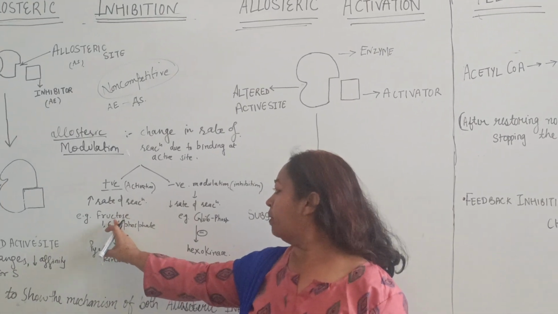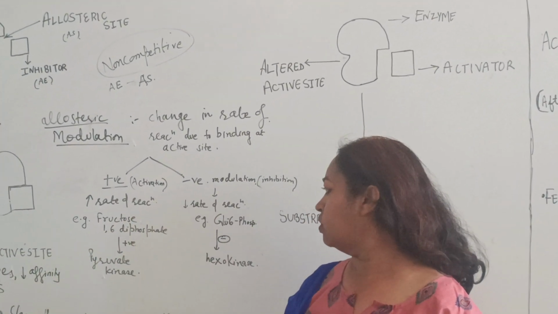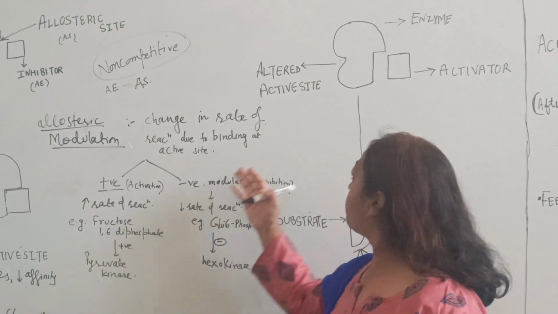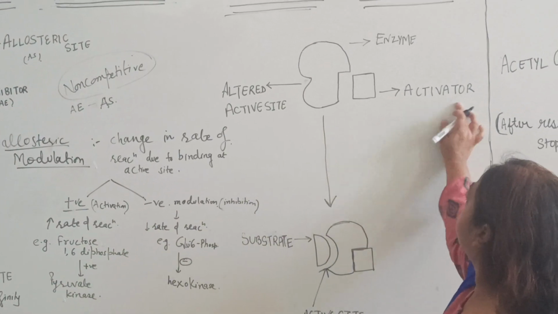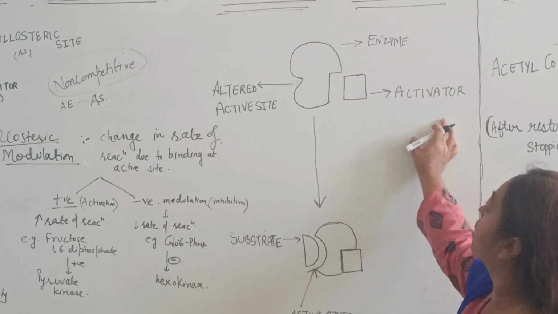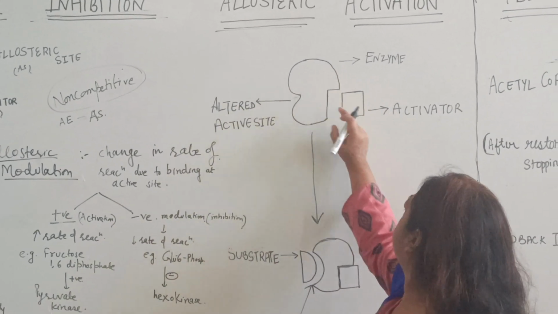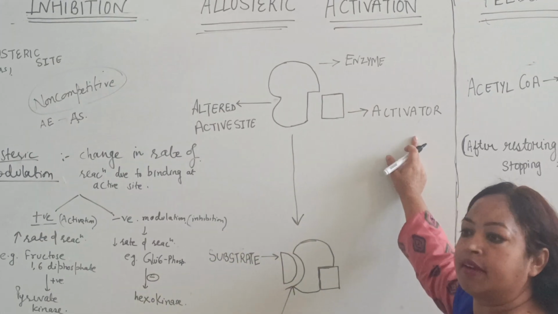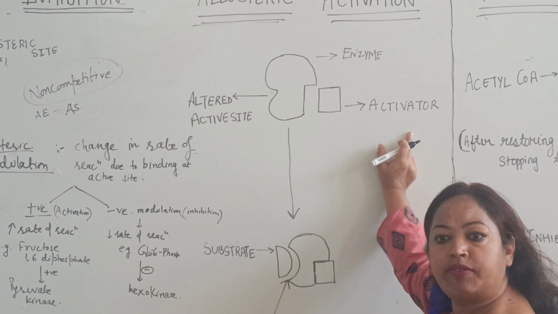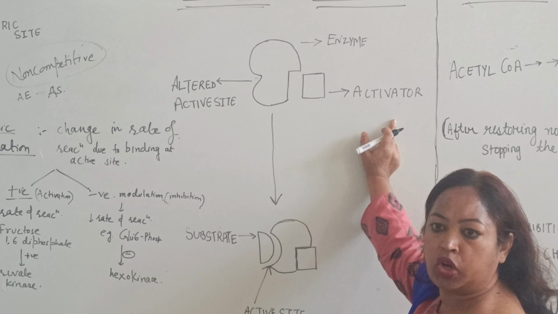We have the example of fructose 1,6-diphosphate. When it binds here, it is called an activator. This is the active site of the enzyme, this is the enzyme, and this is the activator. We can call it an activator or positive modulator.